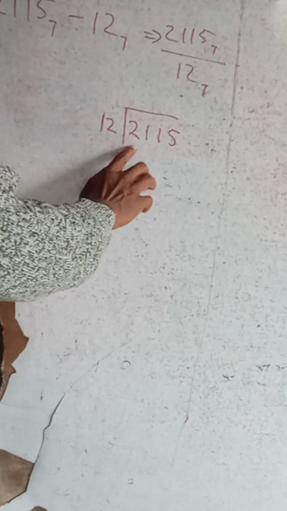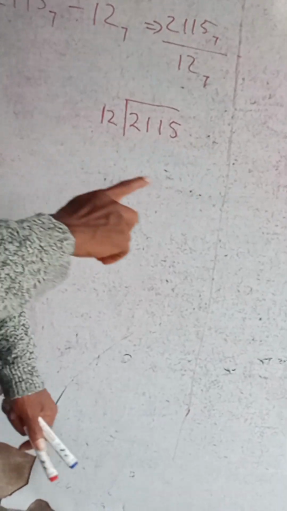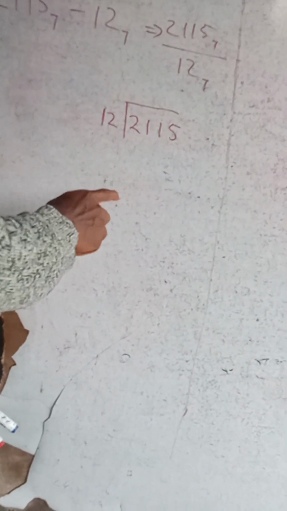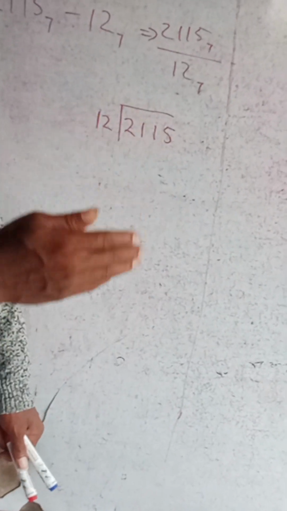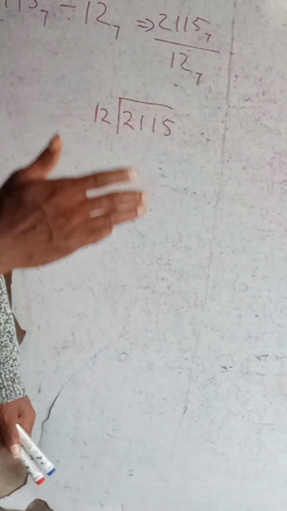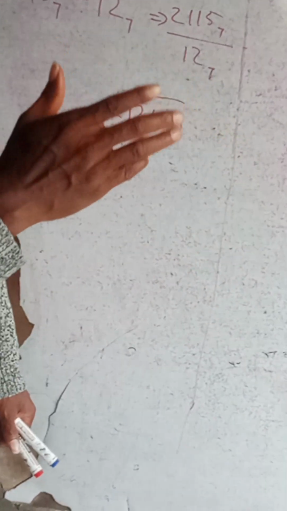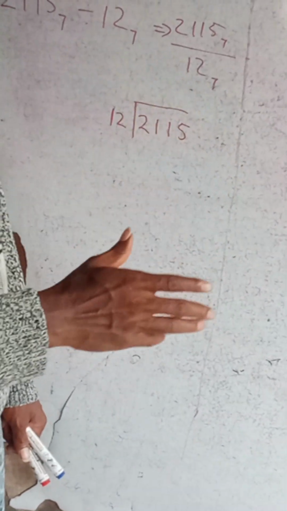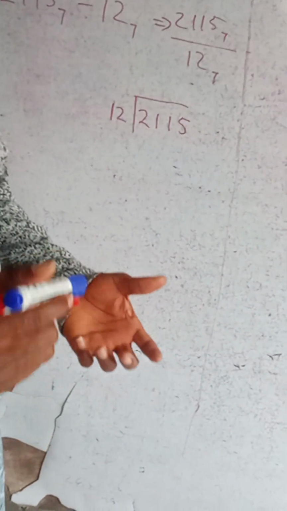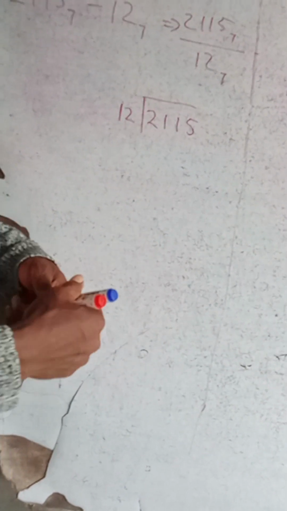Now if you look at these numbers, it is a big number. So let us divide it in a simple way, so that you also understand. That's why I need you to listen.